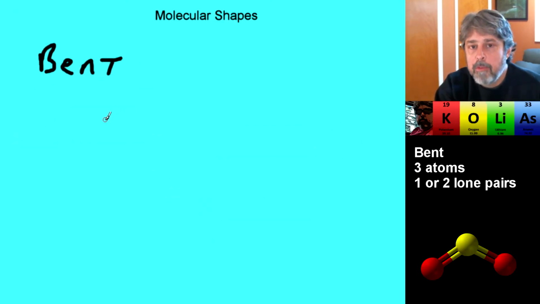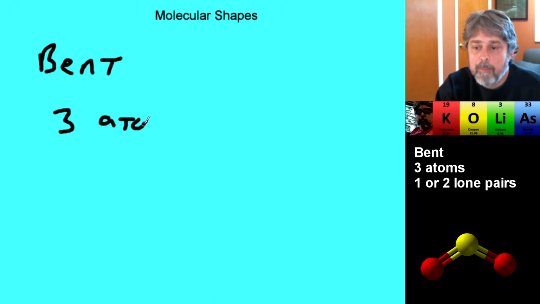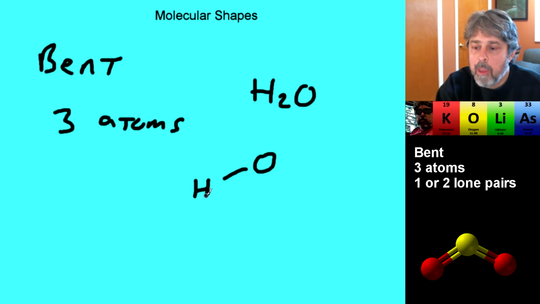The next shape is called bent. This will also have 3 atoms in it. Let's take water, for example, H2O. And if we did the Lewis structure for water, it would look like this. And I'm going to draw it now and how a bent molecule would be.